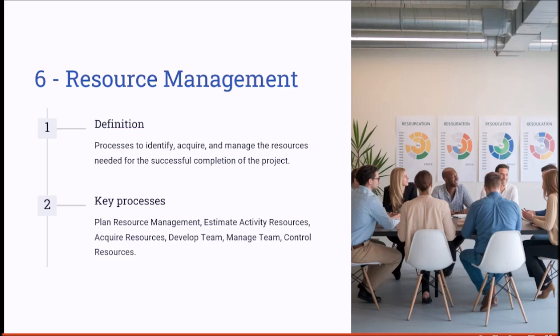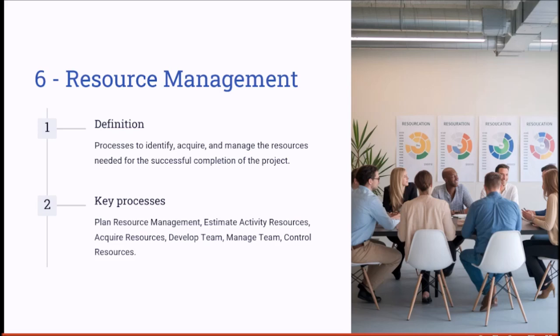After you estimate the activity resources, you need to acquire these resources, which means obtaining the team members or purchasing equipment, facilities, or materials, or hiring suppliers and the other resources necessary to complete the project work. The next key process is developing the team, which improves the competencies, team members' interaction, and overall team environment to enhance the project performance.